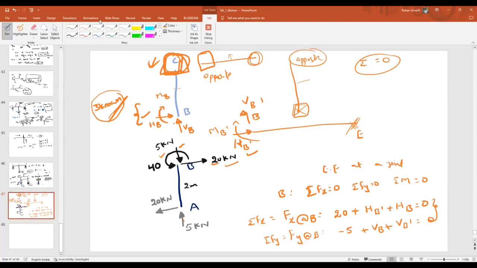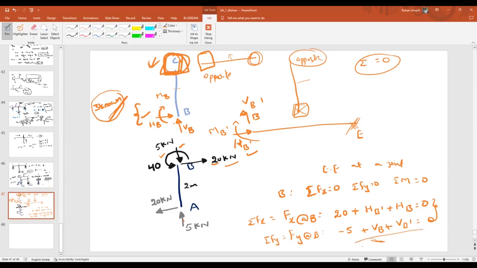Sir, at point B, what about the summation of M equal to 0? You have written only 2 equations at point B, summation of Fx and Fy equal to 0. What about the summation of moment?